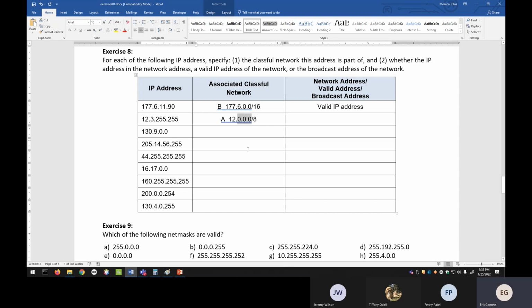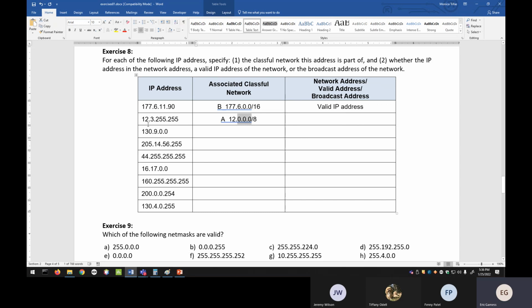What will be the broadcast address of this network? Correct, it will be 12.255.255.255, correct.